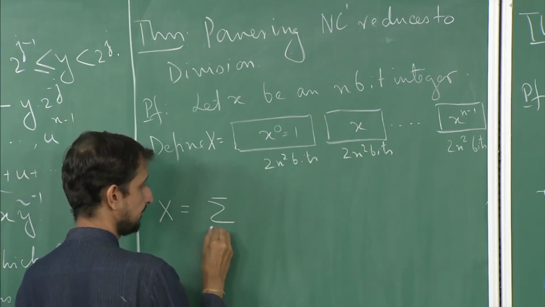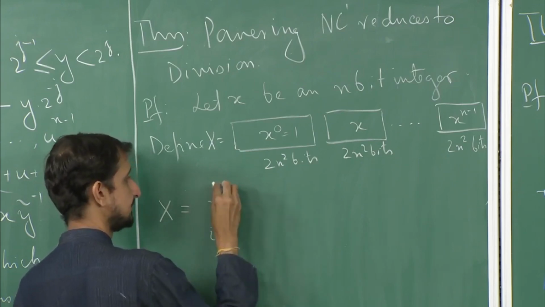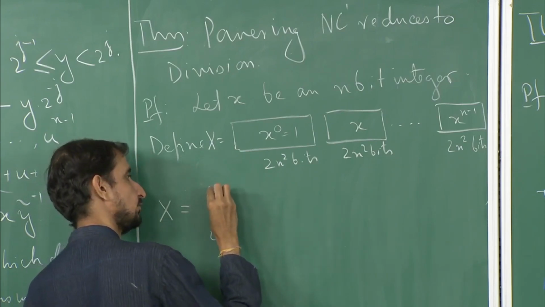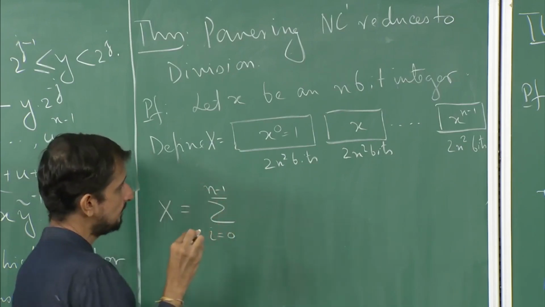So x is nothing but the sum, i equal to 0 up to n minus 1.